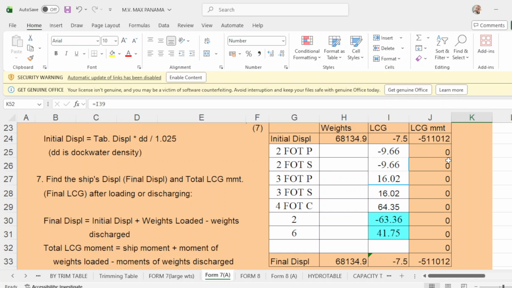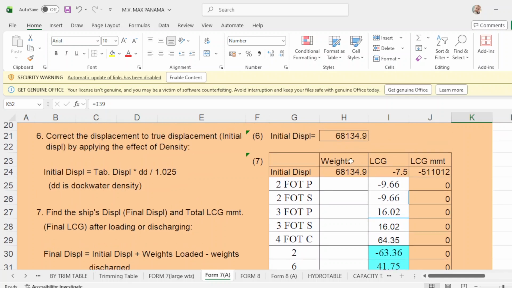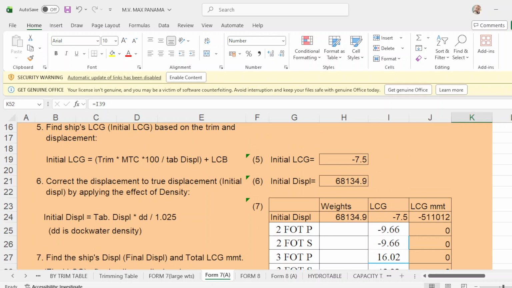So with these weights, multiplied with your LCG, that will be your LCG moment. Like for example, this one, your initial displacement is 68134.9, okay, and your initial LCG is negative 7.5. So multiply weight times LCG, that will be your LCG moment.